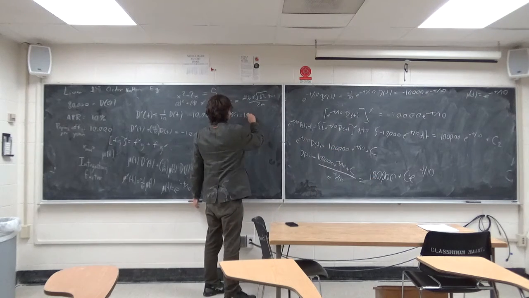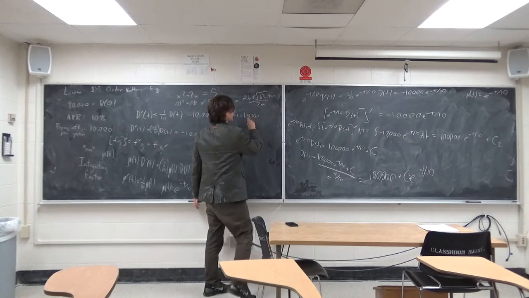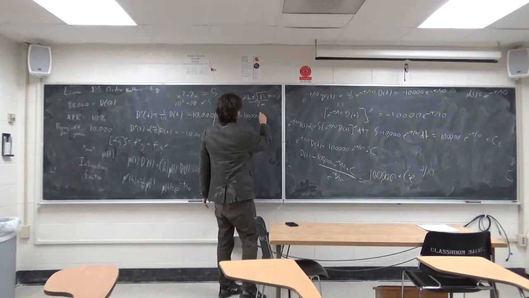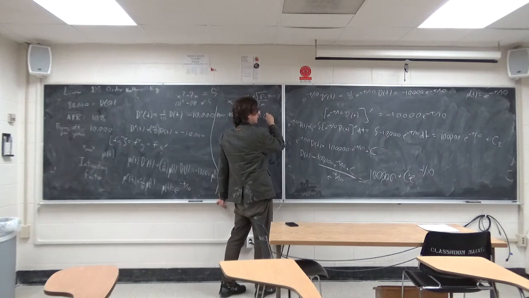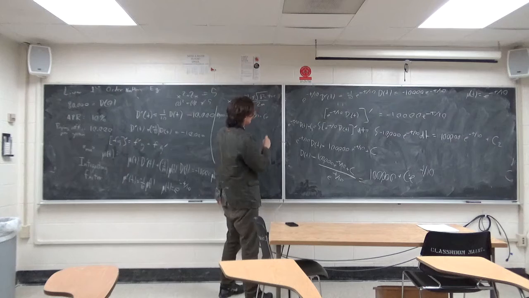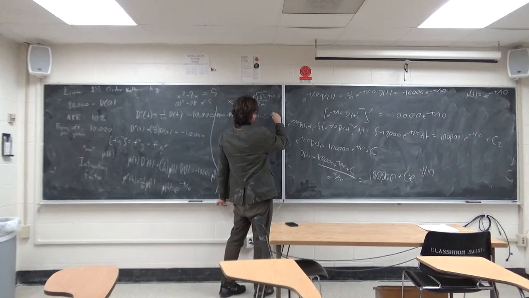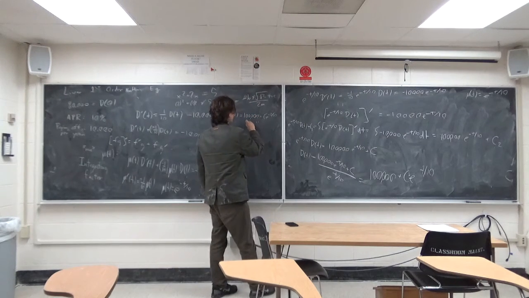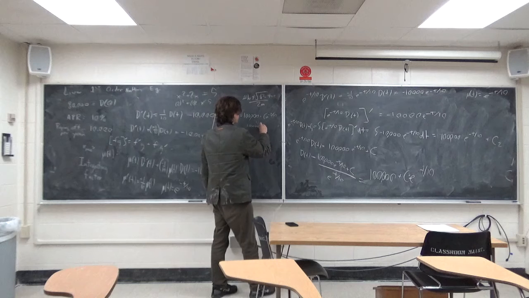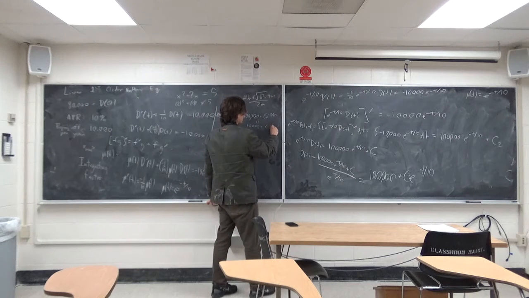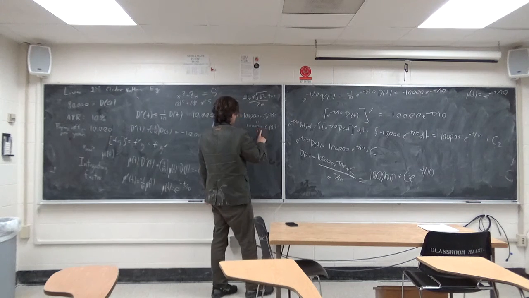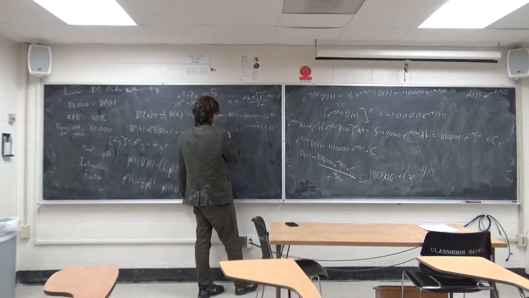So I get 100,000 plus C e^(-0/10), which equals 100,000 plus C times 1.